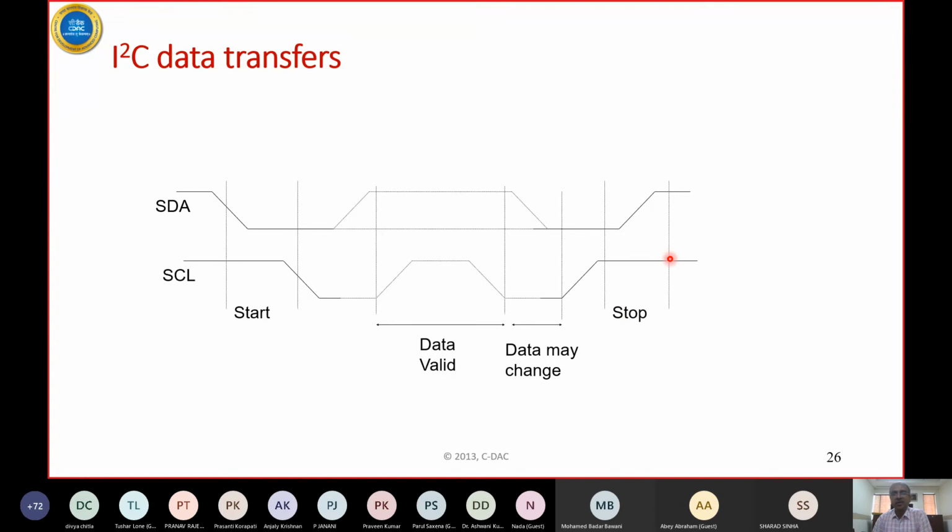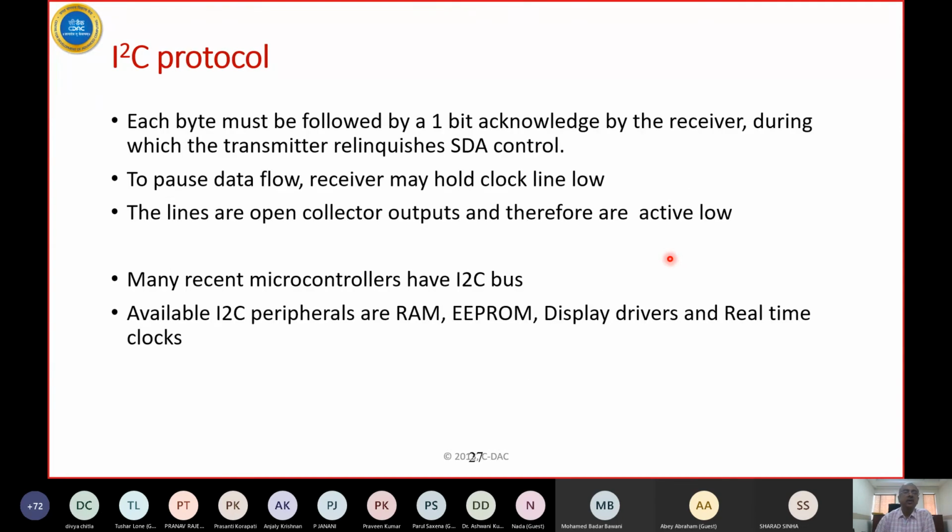But why I'm telling you this: using general purpose IO pins, a user can implement I2C on GPIO pins. The protocol has a start condition, then 8 data bits. The first byte will contain 7 bits of slave address, followed by 1 bit of direction.